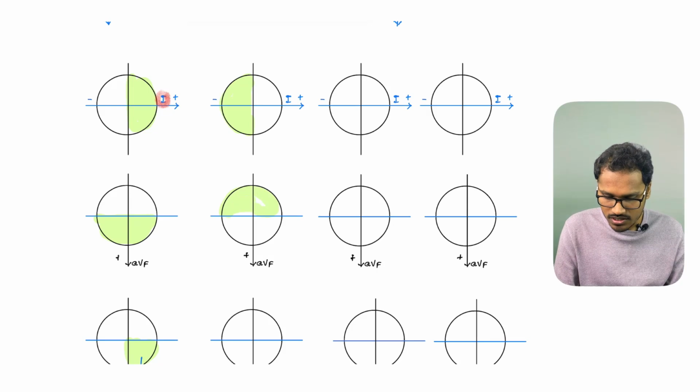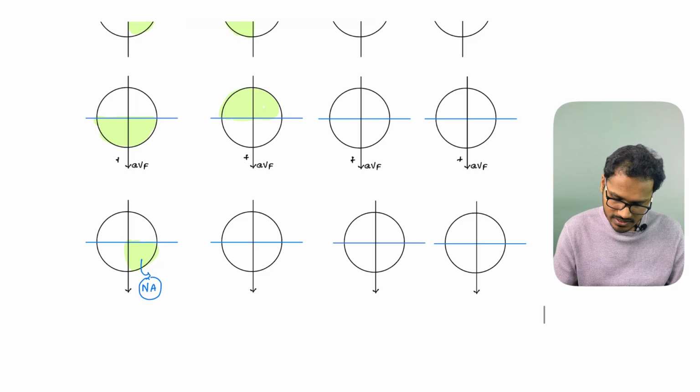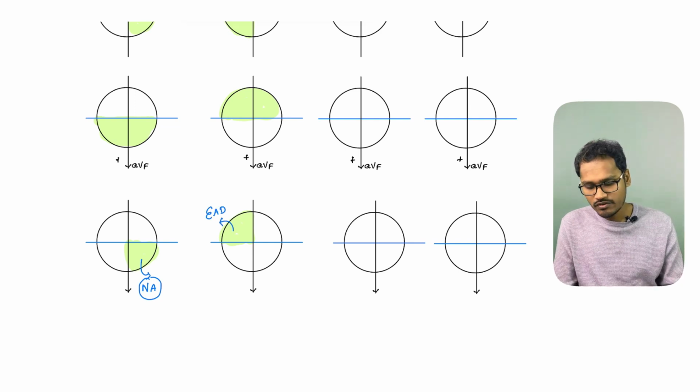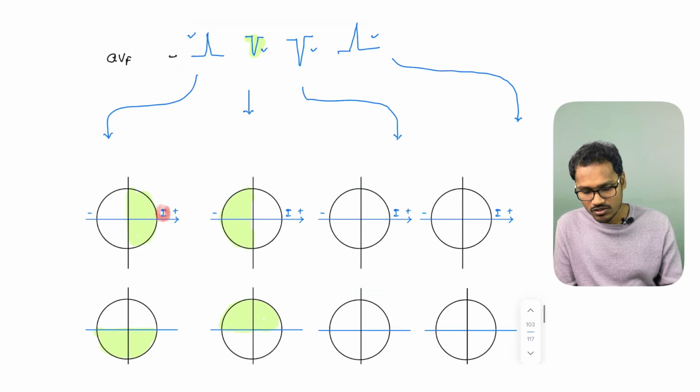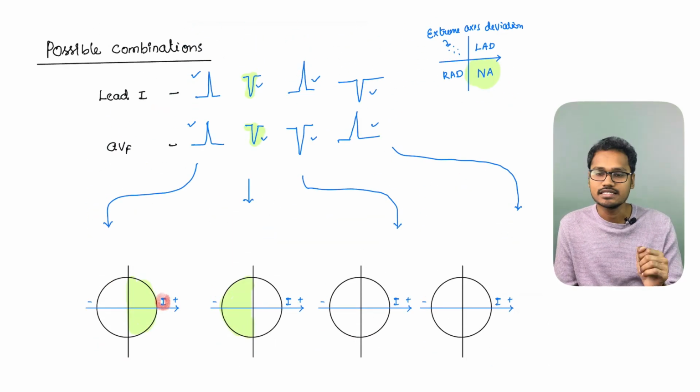If you merge the common area between these two leads, we will get here. So what did I tell you? This axis is nothing but our extreme axis deviation. So now we have two things. When both the leads are positive, it is normal axis. When both the leads are negative, it is extreme axis deviation.